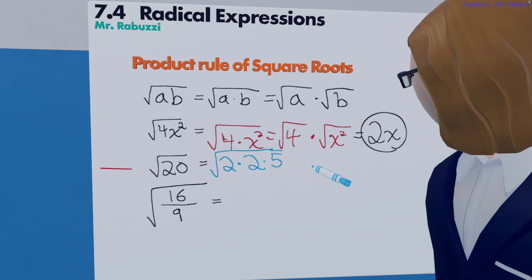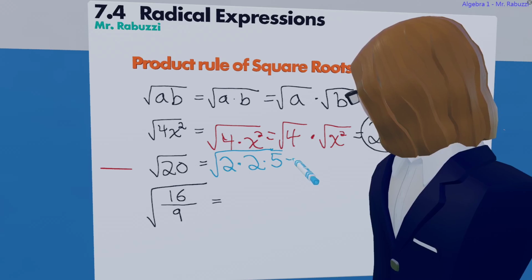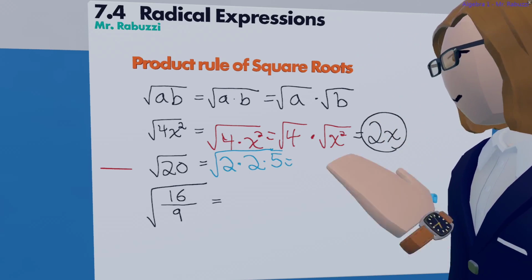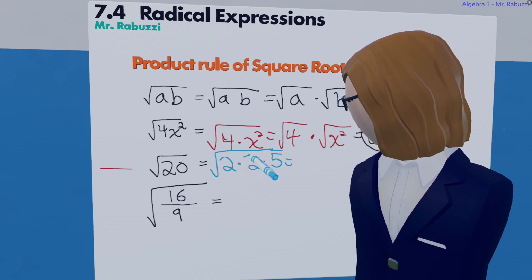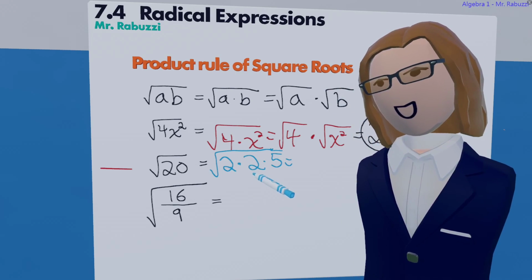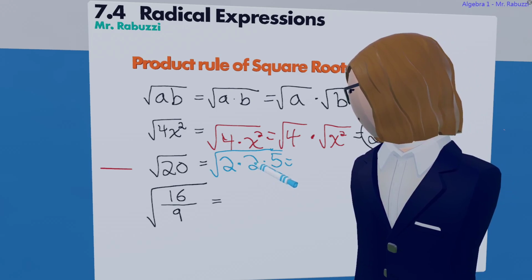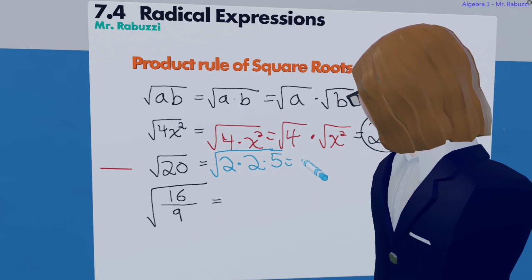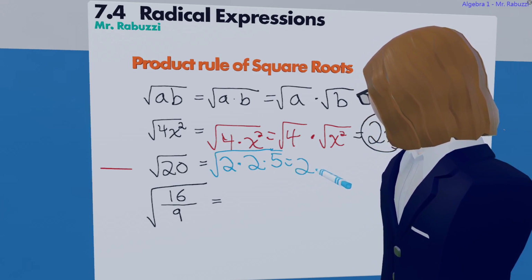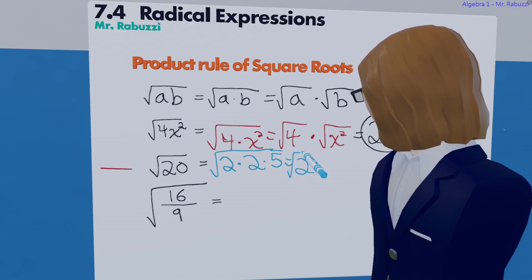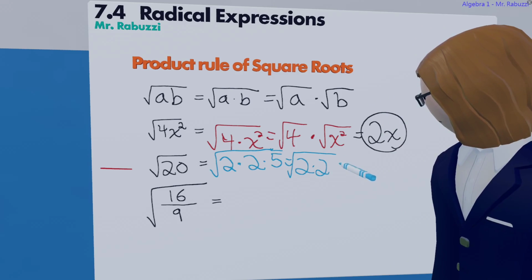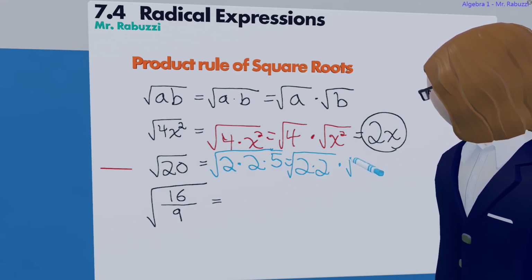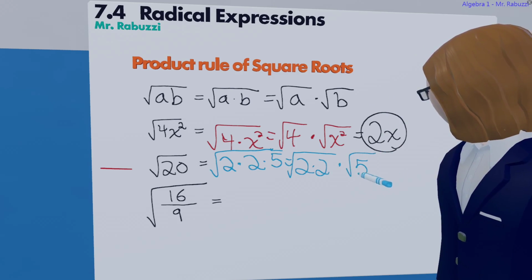Okay, now we can break it apart. So from the last board, I remember when I had 2 times 2 under a square root, if I have 2 of the same number, we can get them outside the radical. So we can split it apart. 2 times 2 is 1 of ours times 5, square root of 5.